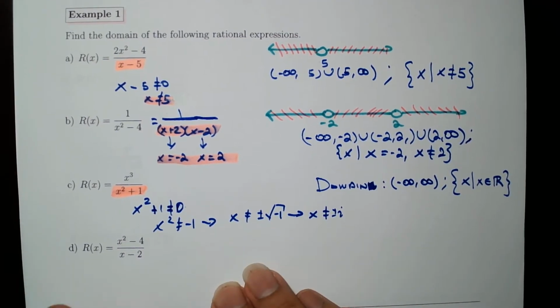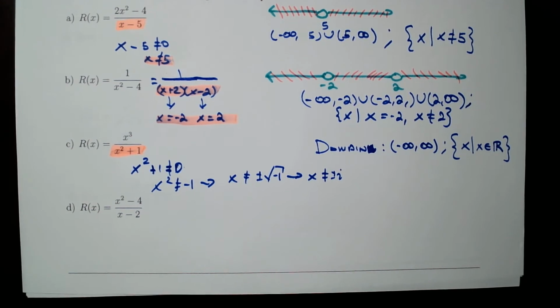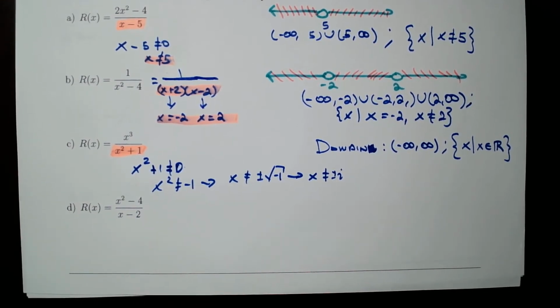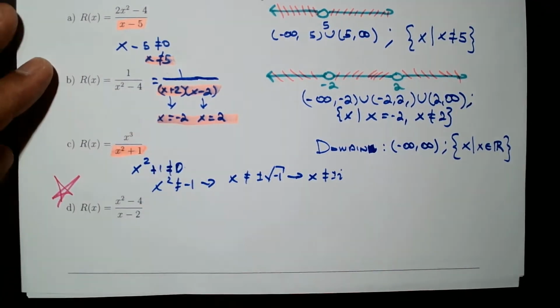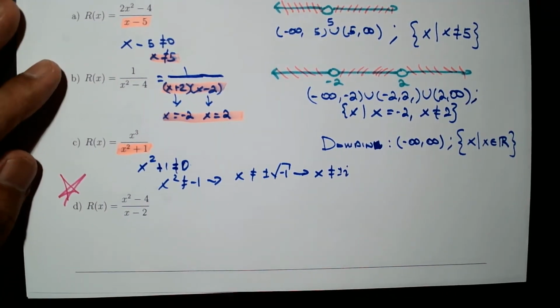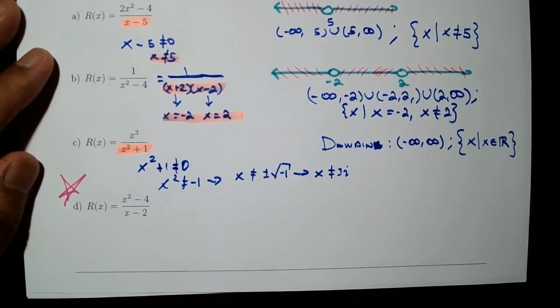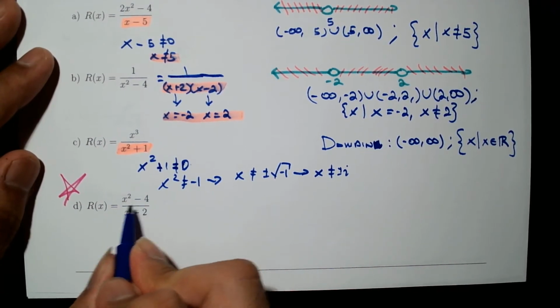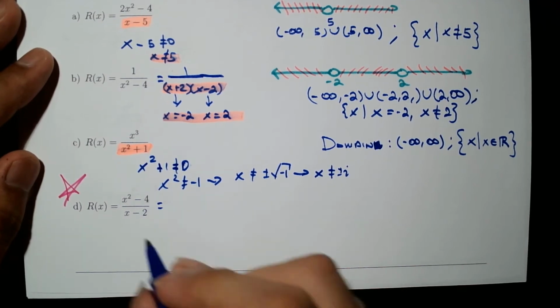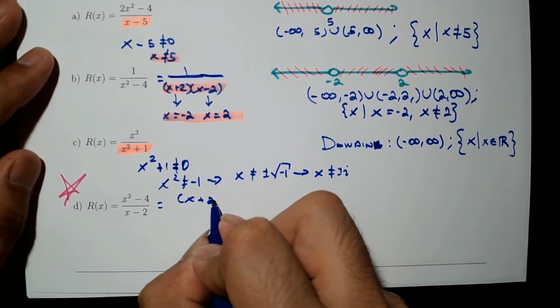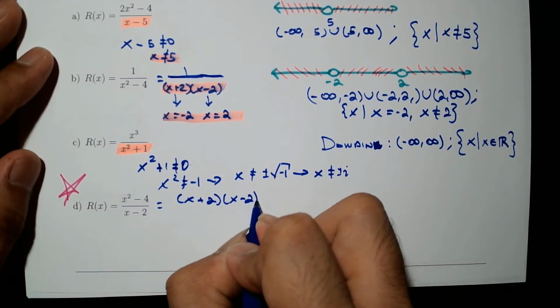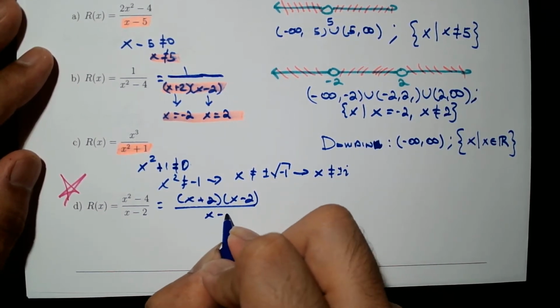Now let's look at letter D, and you need to be very, very careful with letter D. In fact, I'm going to put a star here. So watch when you have something like this. If we write this in simplified form, notice how we can factor the difference of squares as x plus 2 times x minus 2, and then divide by x minus 2.